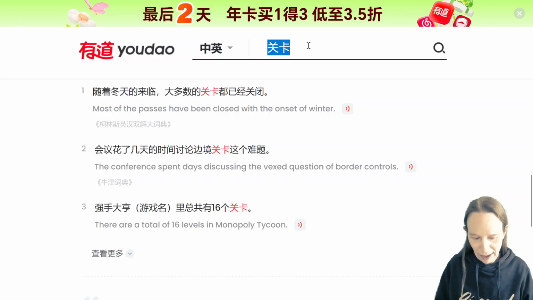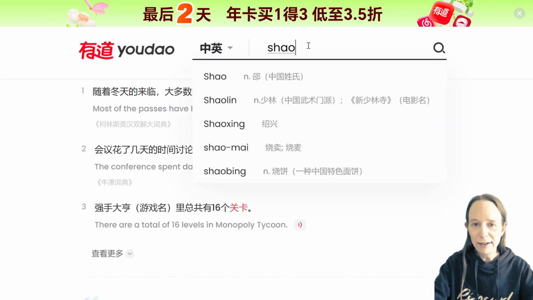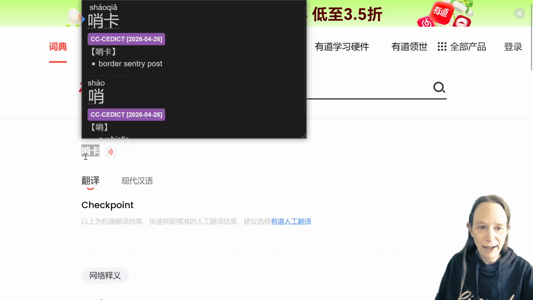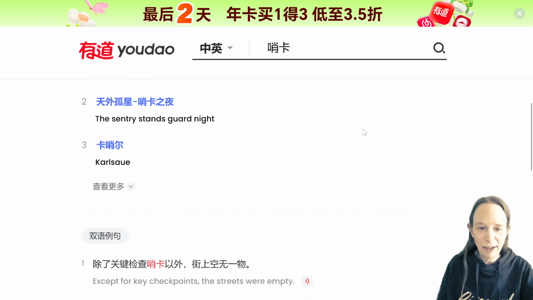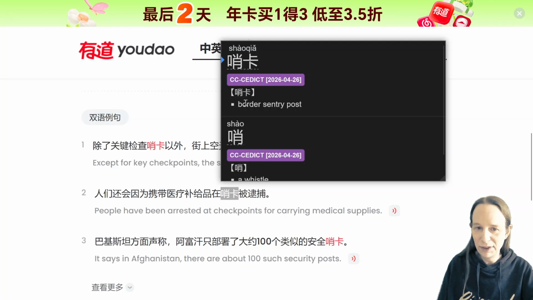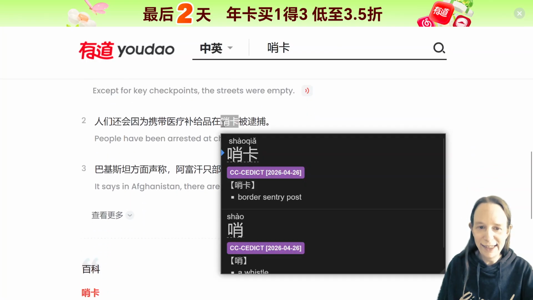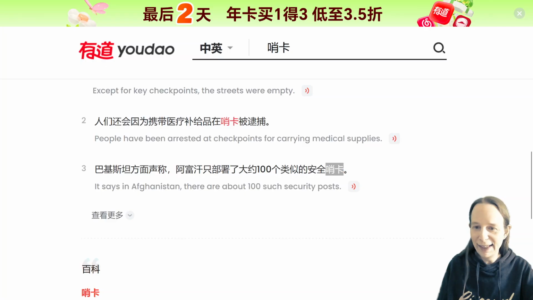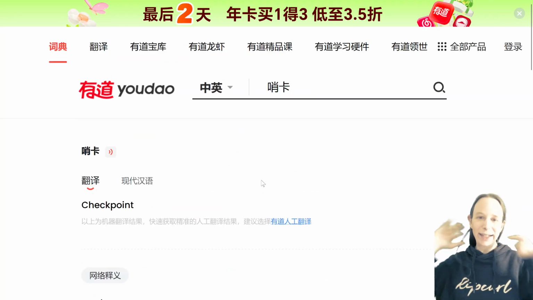And the other one is 哨卡. We did 哨 previously as like a sentry. 哨卡, okay, 调查以后. So this is also checkpoints. Literally this, but it's treated as checkpoints. Presumably there's some security guard or something like this. 安全哨卡, 调查. All right, a little tricky.